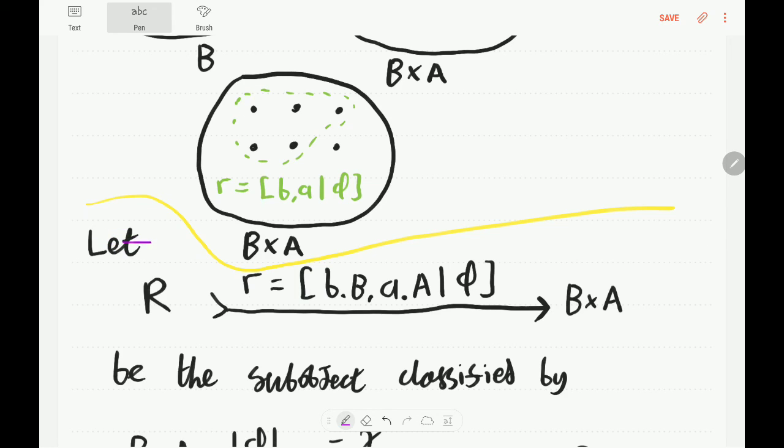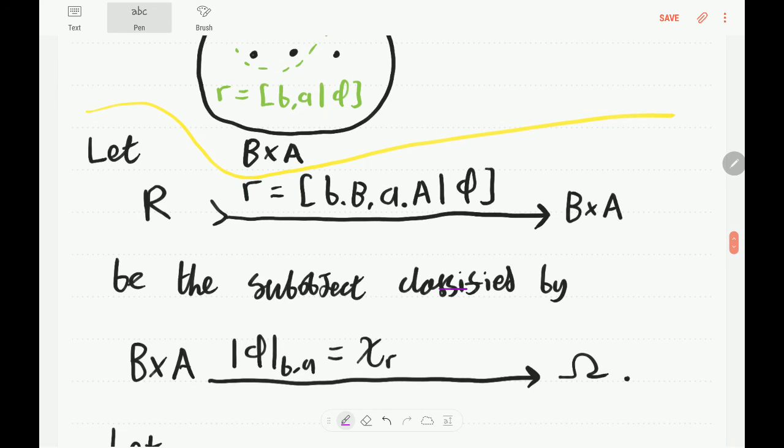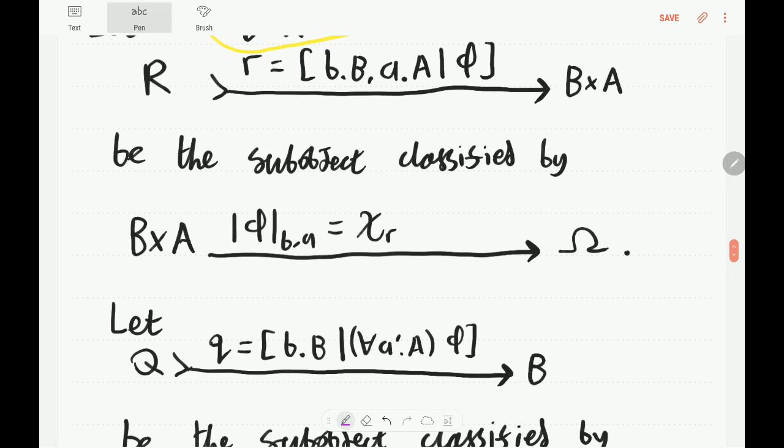Let's let this extension of phi over B and A be called R, as I say, and it's going to be a monic into B times A. That's going to be the subobject classified by the interpretation of phi over B and A. We can call this the classifying arrow of R if we like. Now this is the interesting one.